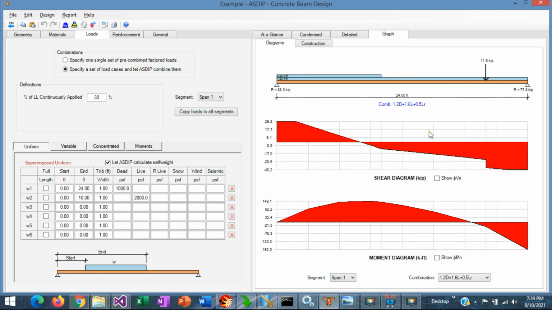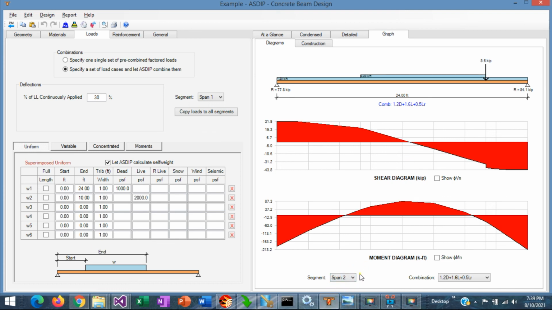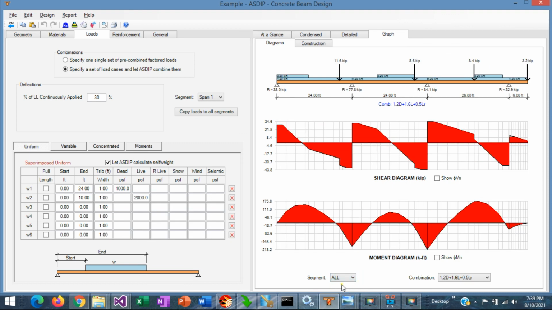For example, span number 1 looks like that, span number 2, and so on, where we can see the whole beam. As you can see, it's very easy to calculate the shear and bending moment diagrams using ASDIP, both ASDIP Concrete or ASDIP Steel. Not only can it be sorted by load combinations, but also when you change something in the input information, that change is immediately reflected in the output as well.